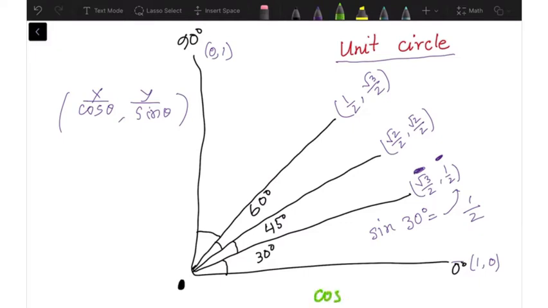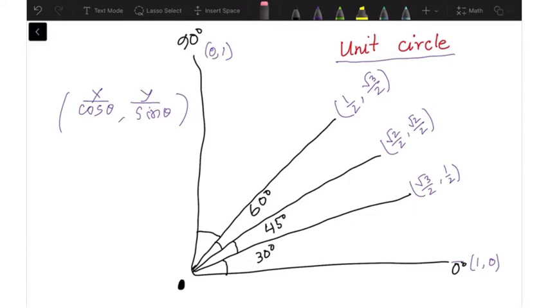If someone asks me what is cosine 45 degrees, I can look here and say, oh, cosine 45 degrees is square root of 2 over 2. And this is how I can continue to answer the questions if I only remember this unit circle, which is very easy to remember, again, because it's opposite.